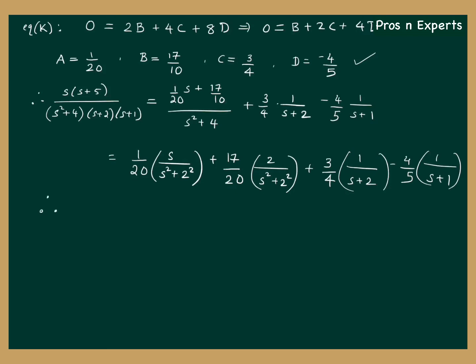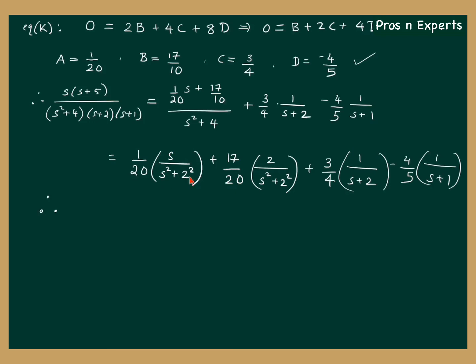Now from the above equation, many of you might be wondering why I have written this in a weird way. It is because all the terms on the RHS of this equation are known or defined Laplace transform expressions of defined signals. This is s by s square plus 2 square, whose inverse transform will give you cos 2t.